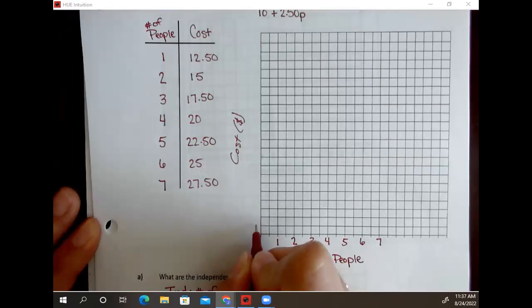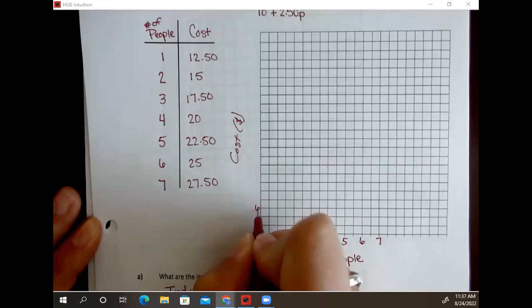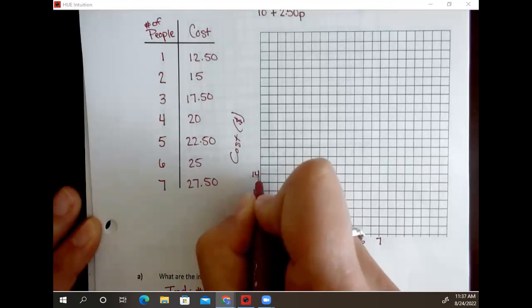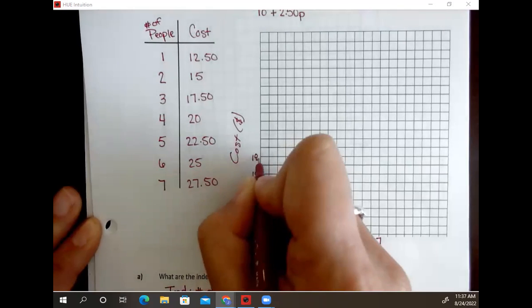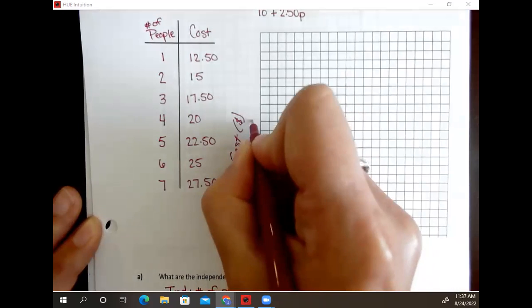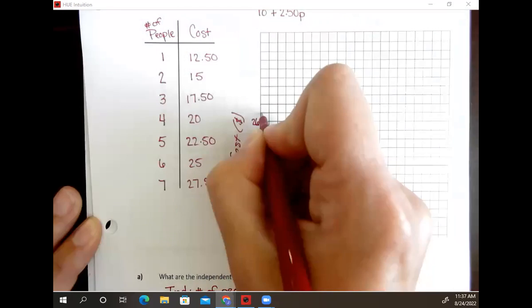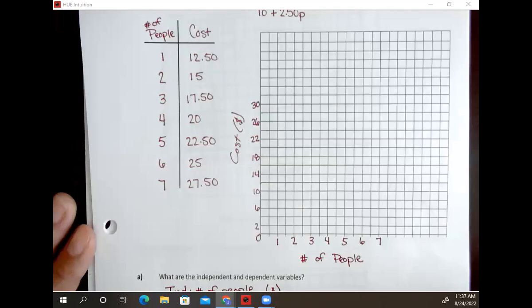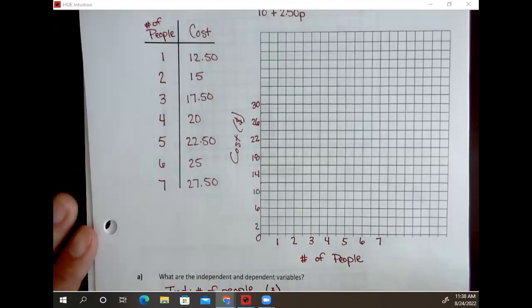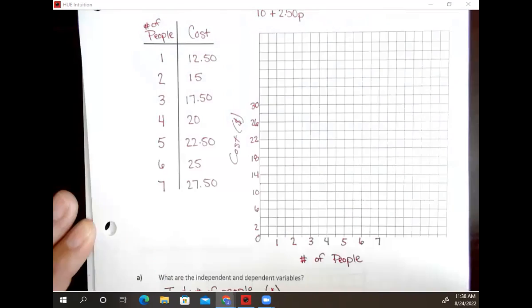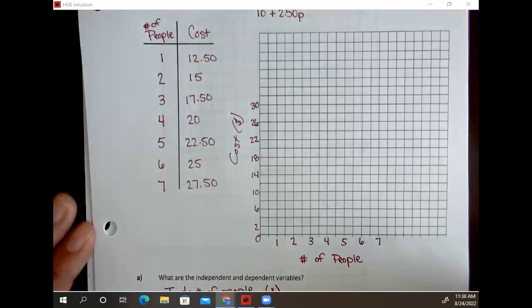So this will be 2, 4, 6, 8, 10, 12, 14, 16, 18, 20, 22, 24, 26, 28, 30. Okay. That'll get all my prices in there. Again, remember when I'm creating a graph, these need to be evenly spaced. Now I'm going to plot my points.